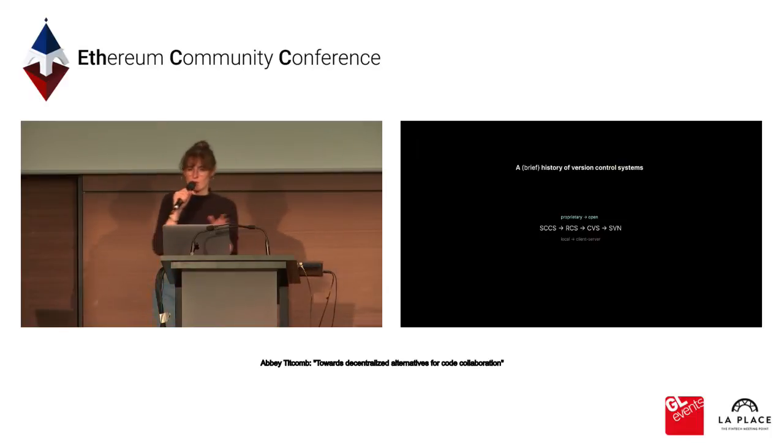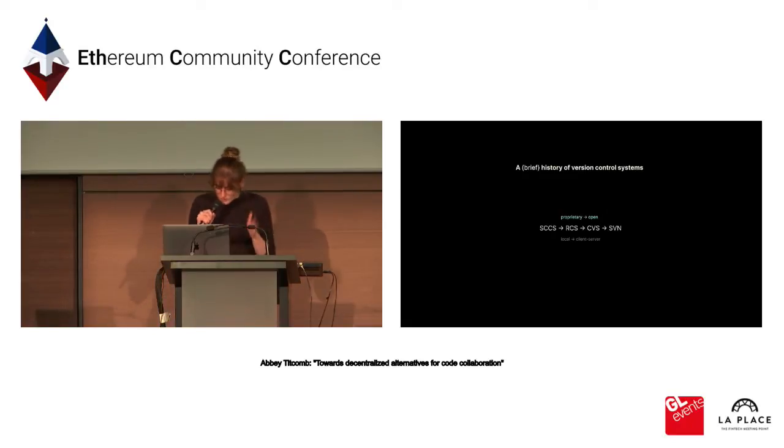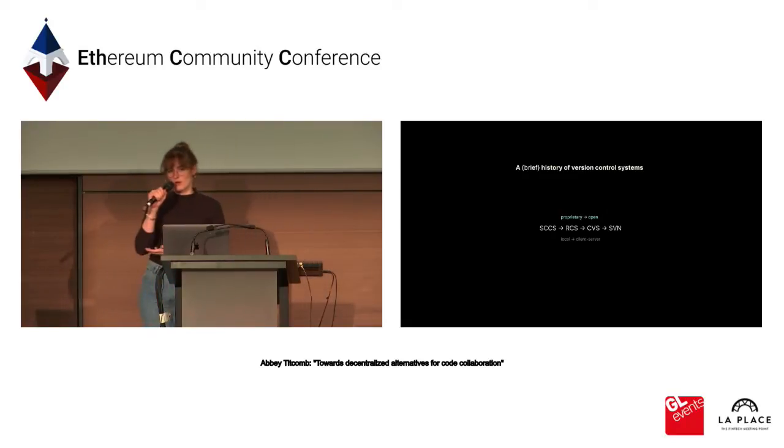We first started out with SCCS, which is Source Code Control System, I think. Very functional name, which was a proprietary and local solution to version control. Then throughout time, we saw version control systems becoming open source, moving from proprietary to open source tools. But then we also saw the shift to this client-server model, right?